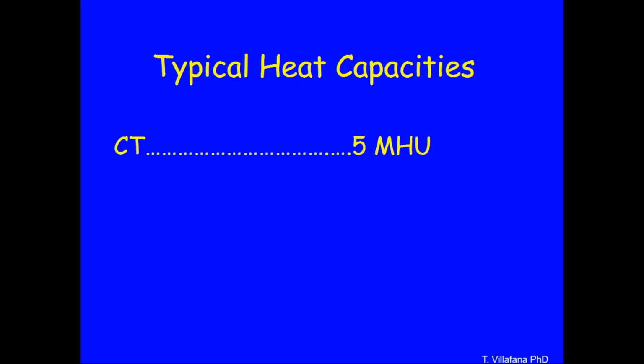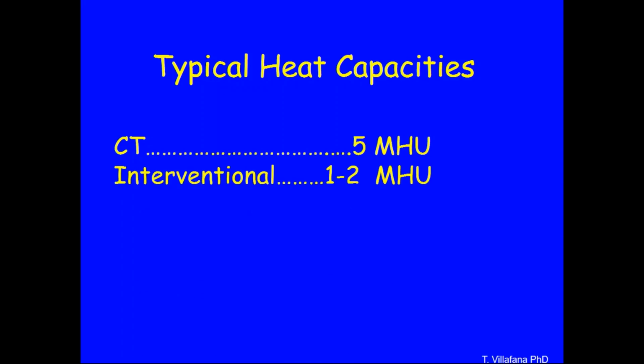That's a very high number. I remember years back when they announced that they were coming up with a 1 mega heat unit, everybody looked at themselves and said, that can't be 1 million heat units. Well, now 1 million heat units is nothing. We can go to 5 and more.